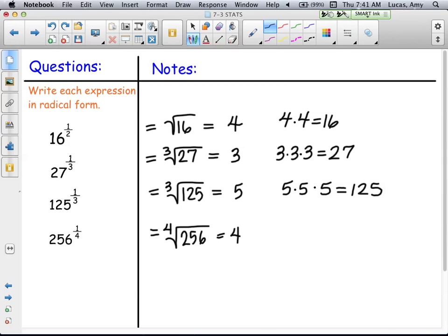That one was 4. 4 times 4 is 16, times another 4 was 64, times a fourth 4 was 256. So those 4 are simplified. If your radical can be simplified, you should simplify it. Just use your calculator if you need help.